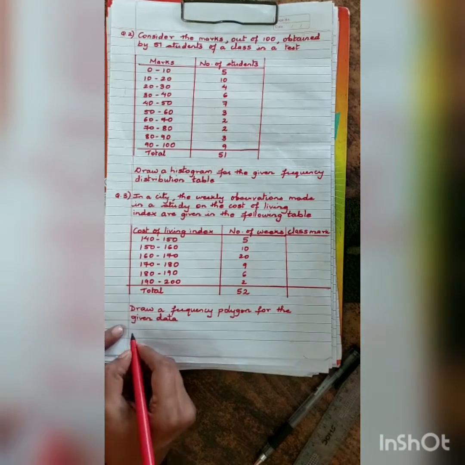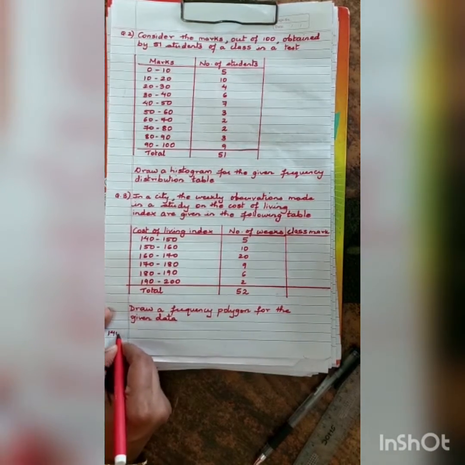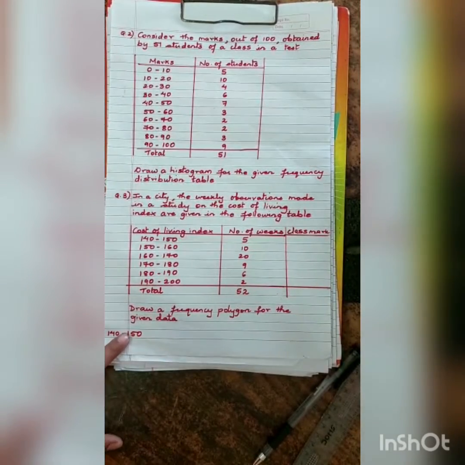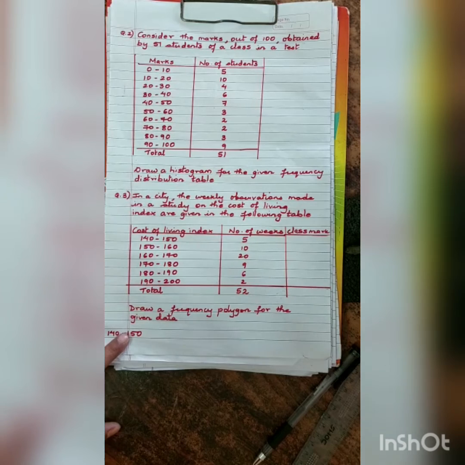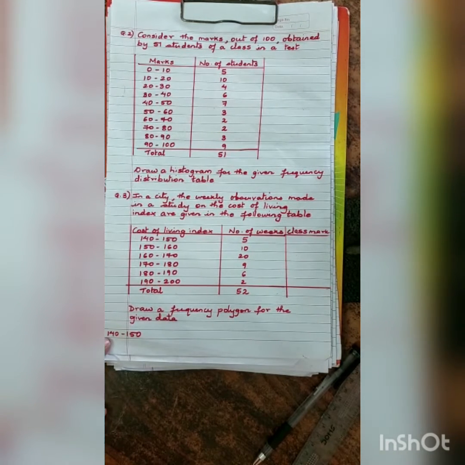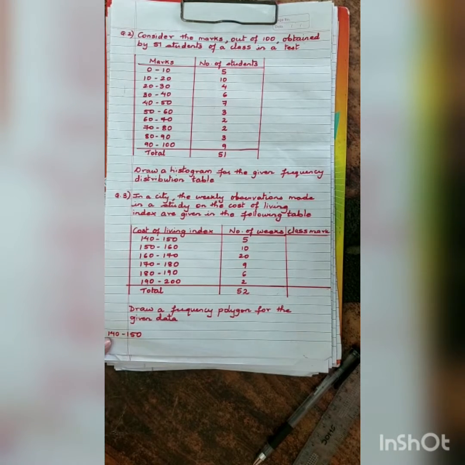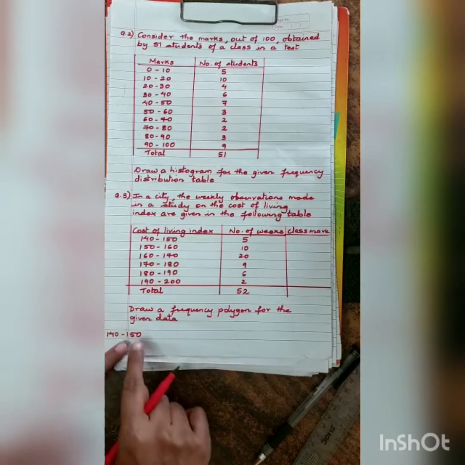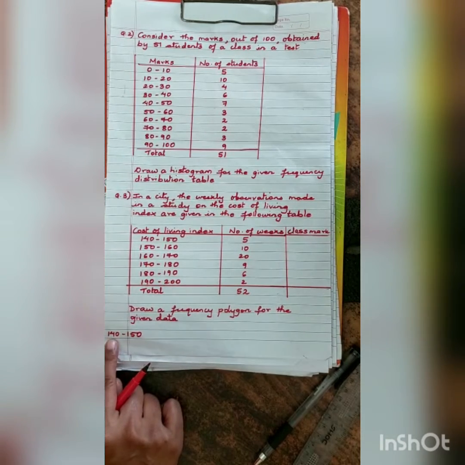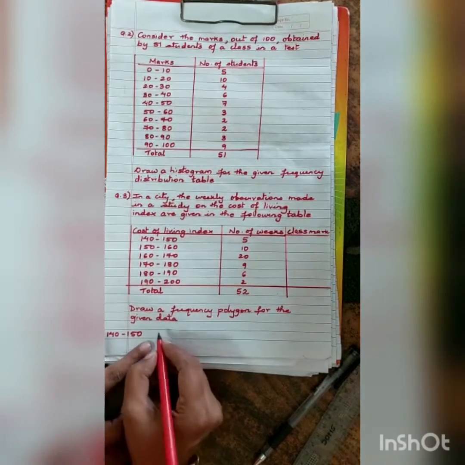Now when you consider class interval 140 to 150, the highest number is 150, which is called upper limit, and 140 is the smaller number, so it is termed as lower class limit. Clear? So in a class interval, the highest number is called upper class limit and the lower number is called lower class limit.